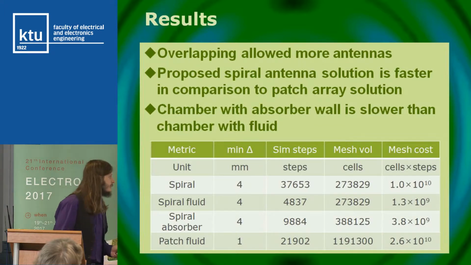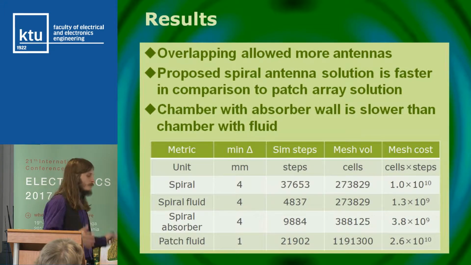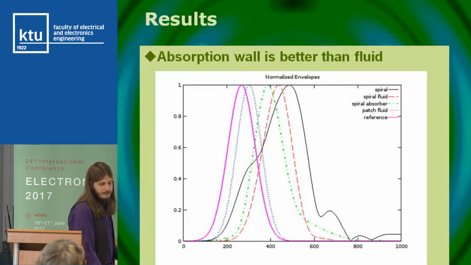Also, we compared different solutions. For example, our solution with the fluid and without the absorption wall is a little faster than the solution with the absorber wall, because with the absorber wall the chamber is larger.